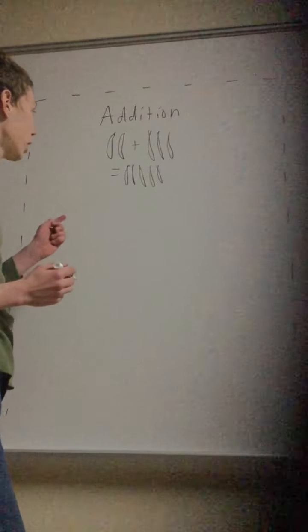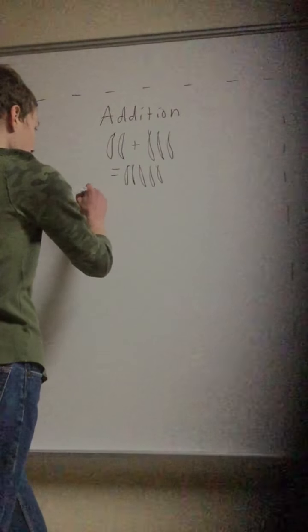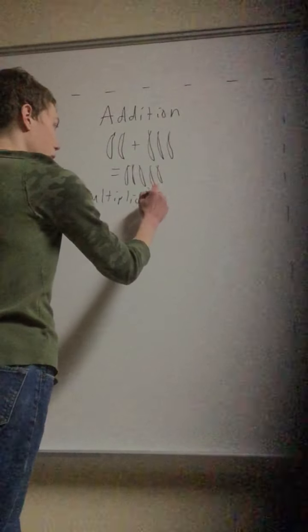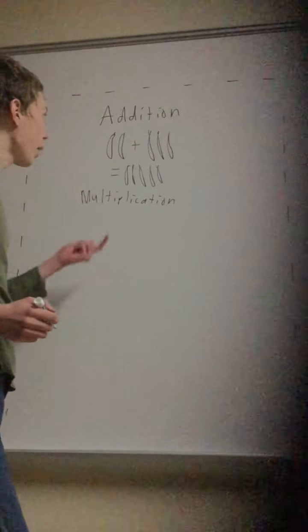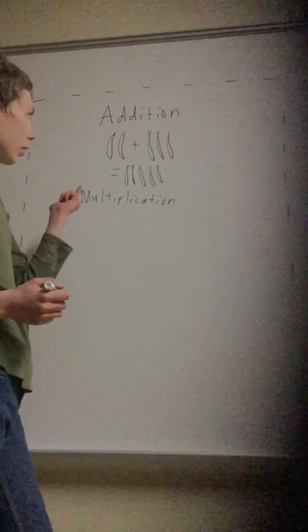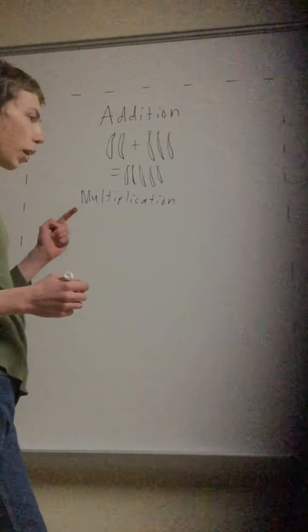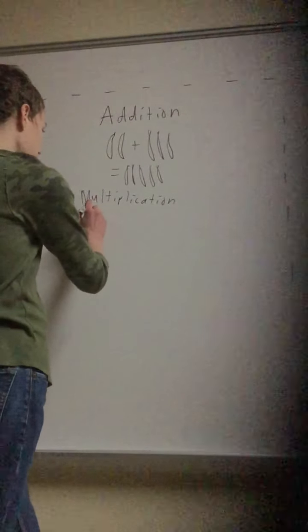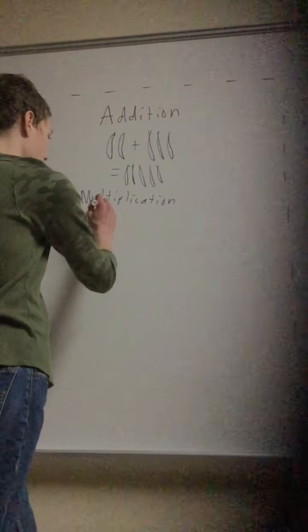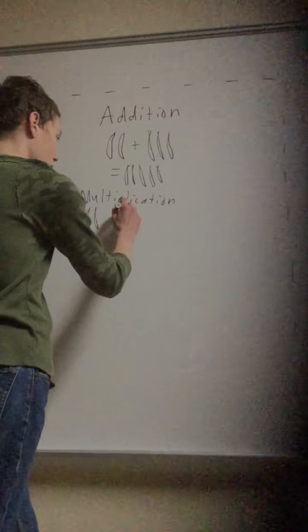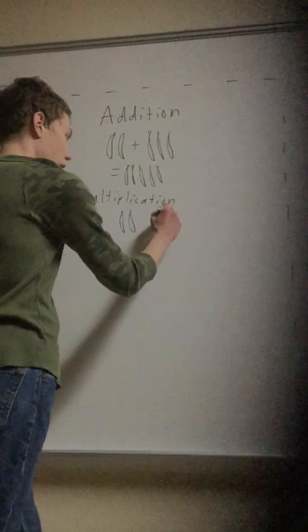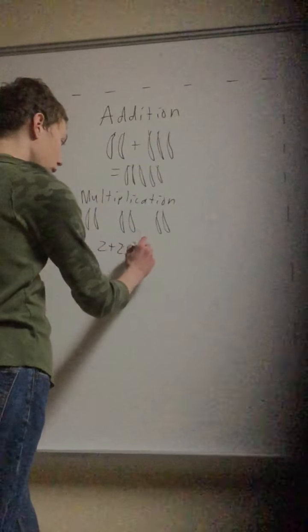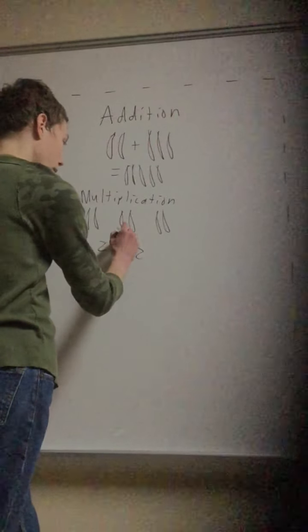A step up from addition is multiplication. Now imagine that you have 2 bananas, and you can collect them every day, and you do this for 3 days. And if you get 2 bananas every day, this is just 2 plus 2 plus 2, 3 times.